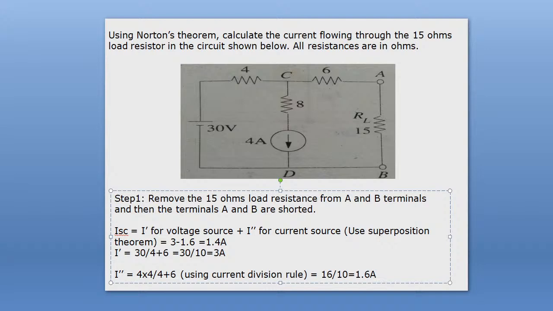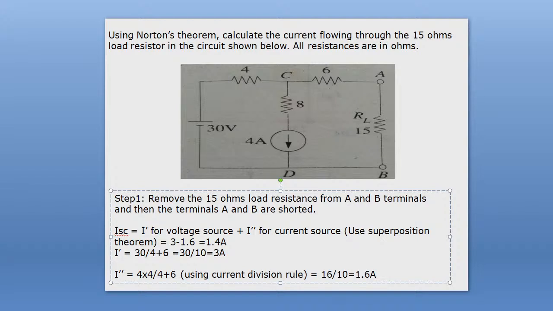On the other hand, the current due to 4 ampere current source flows through this short path in the anti-clockwise direction. Therefore, the total current or resultant current which will flow through load resistance will be equal to the difference between these two current values, 3 minus 1.6 equal to 1.4 ampere.